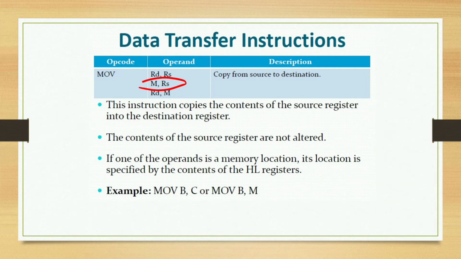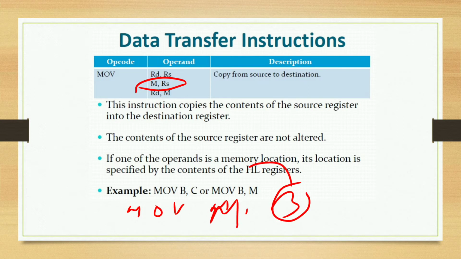MOV M, RS means move to memory from the source register RS. Suppose the B register, MOV M, B. In this instruction, the content of the B register is transferred to the memory location addressed by the HL pair.